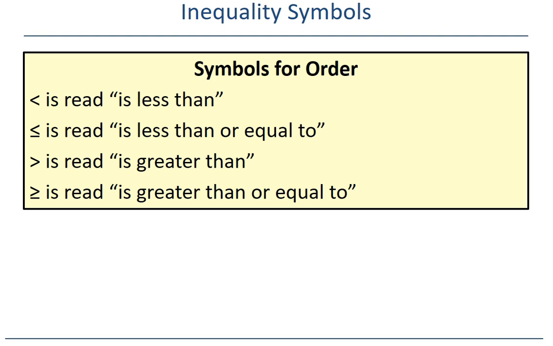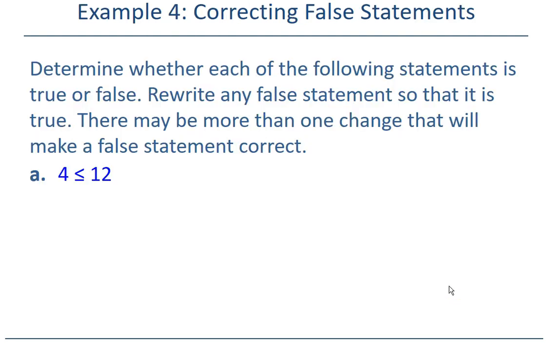Okay, so here are the major symbols for order, and this is read less than or equal to, greater than or equal to. Now, to determine whether one of these statements is true or false, we look at what it says. 4 is less than or equal to 12.